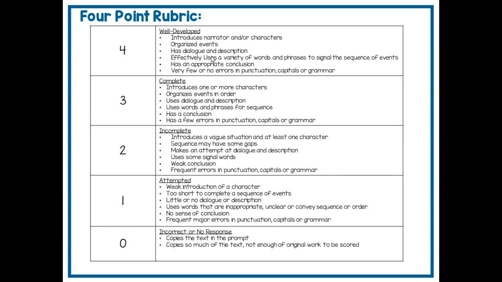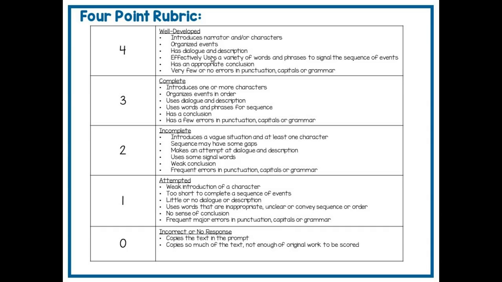This is a rubric. And this is how your writing is scored. And it's very important that you use your rubric when you are writing or when you think you have finished. You go back to the rubric and say, do I think I have a well developed writing piece?